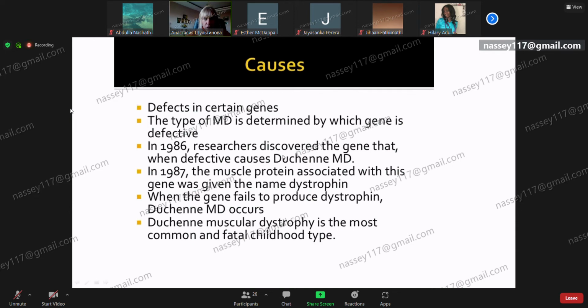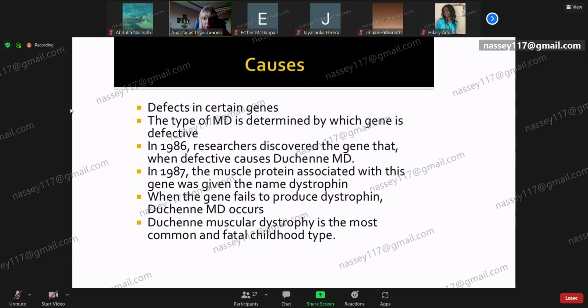Like Duchenne muscular dystrophy, and a little bit of facts from the history. In 1986, researchers discovered the gene that, when defective, causes Duchenne muscular dystrophy. A little bit later, one year after, the muscular protein associated with the gene was given the name dystrophin.